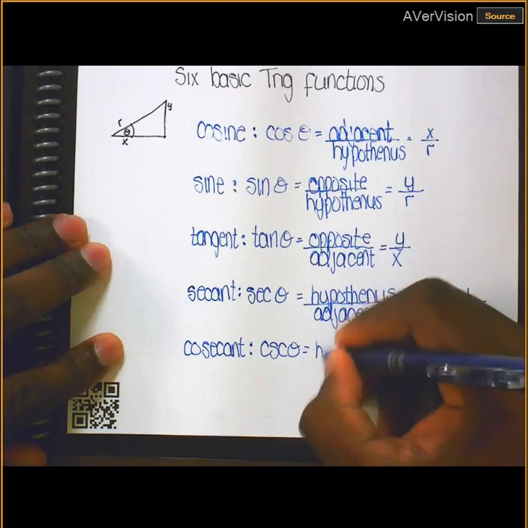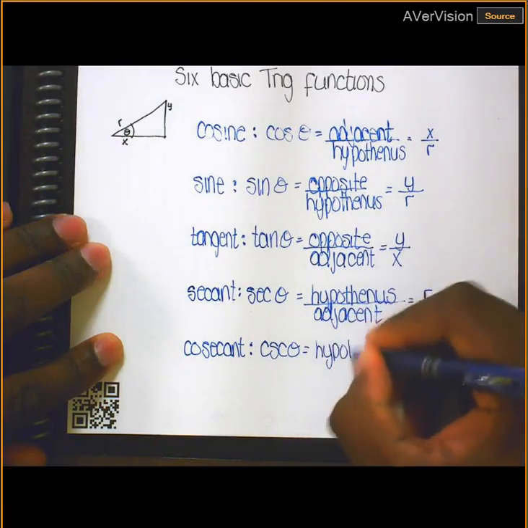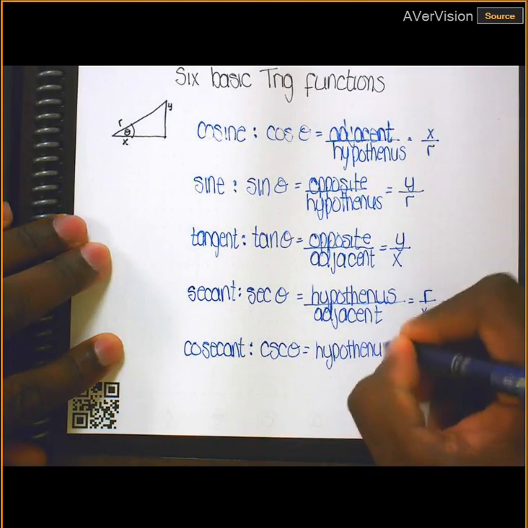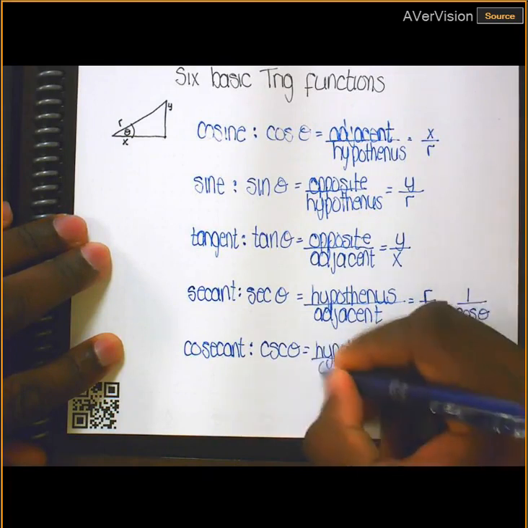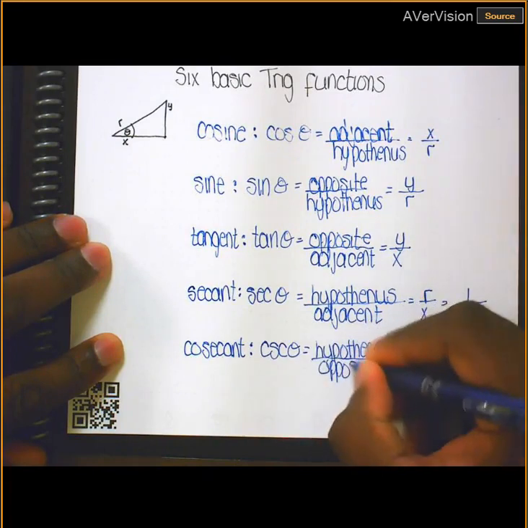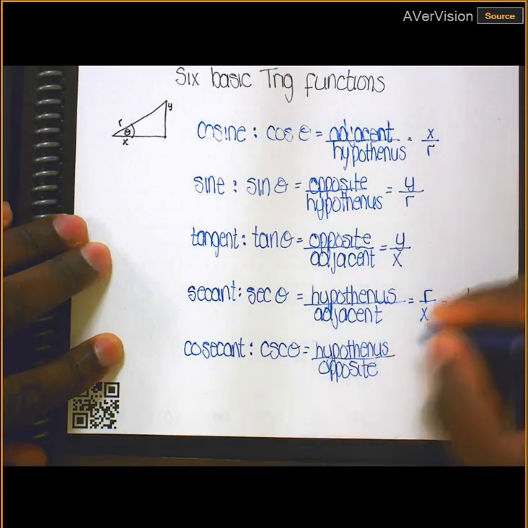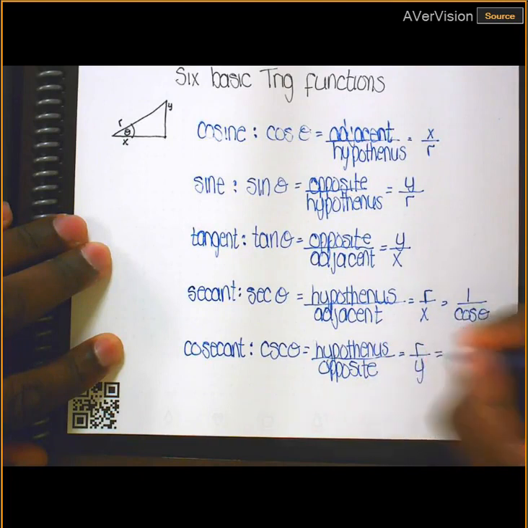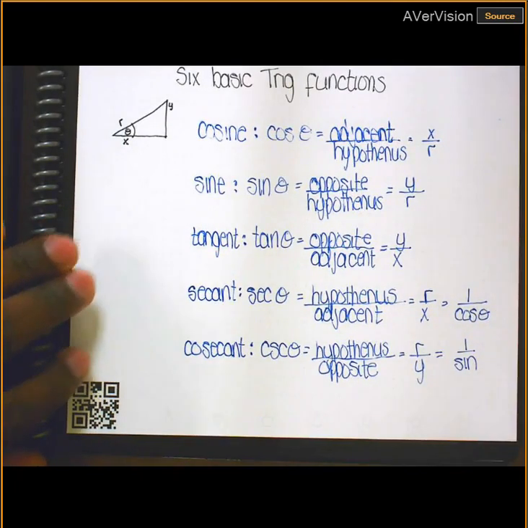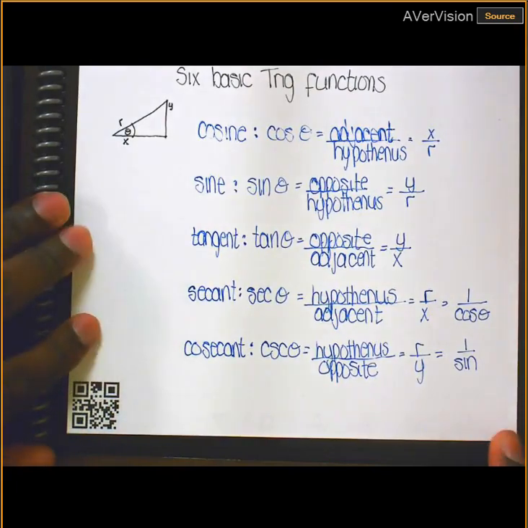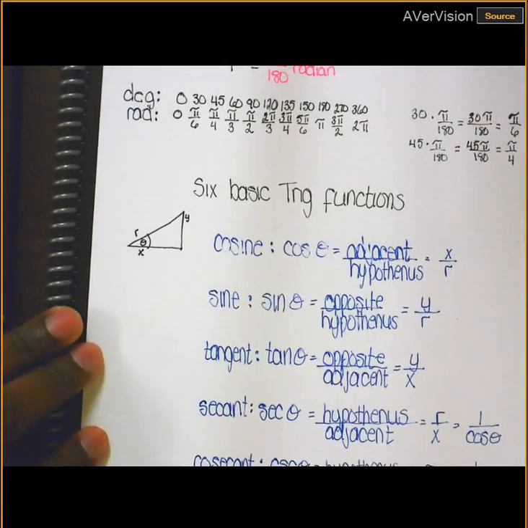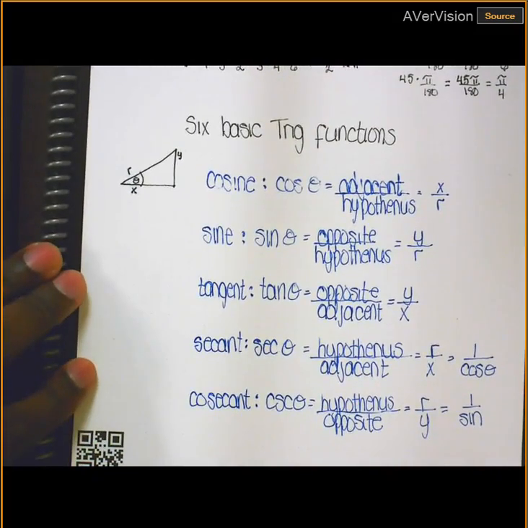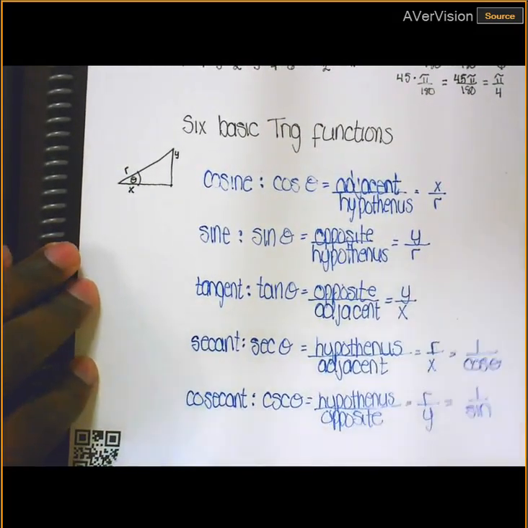So this one will be hypotenuse over opposite. All right, and the last one is cotangent.